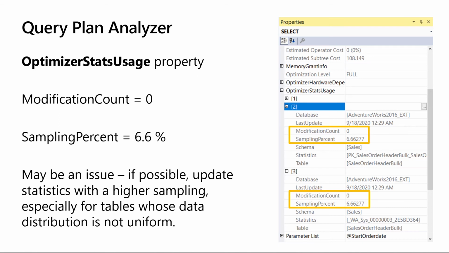So if you can update with a higher sampling ratio, even a full scan if possible, that would always be a good choice conceptually. However, if updating statistics with the largest sample is not doable for now, maybe these tables have millions of rows, and updating that with the largest sample could cause problems for my workload, we can go back and look at the other possible reason and suggestion there that pointed to bad parameter sniffing.